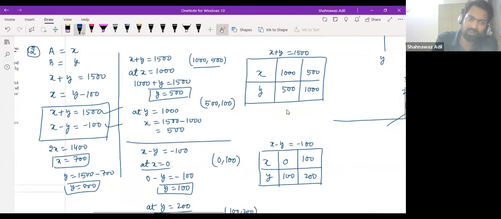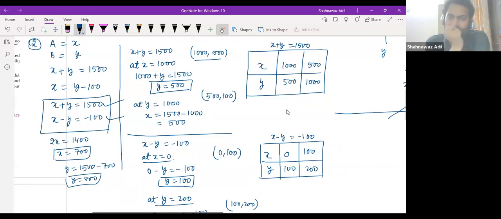Do you want to note down this part? Because this was the big question, this graphical solution. Then please note it down. Whoever wants to note it down, please note it down, and then we'll skip to the algebraic solution.